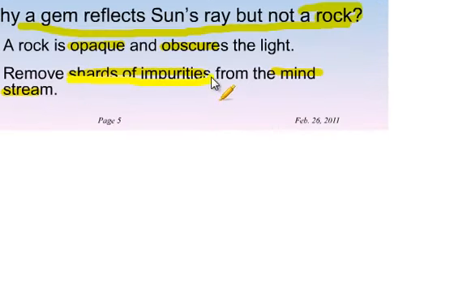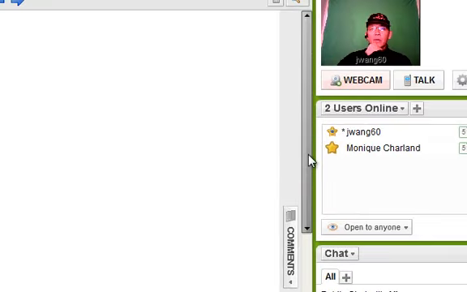The shards of impurities. Imagine I got into a car accident. You can see my desktop, right? You can only see half of it. Can you see number 2? Can you see it now?